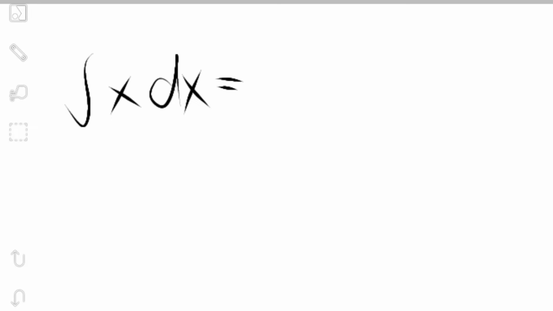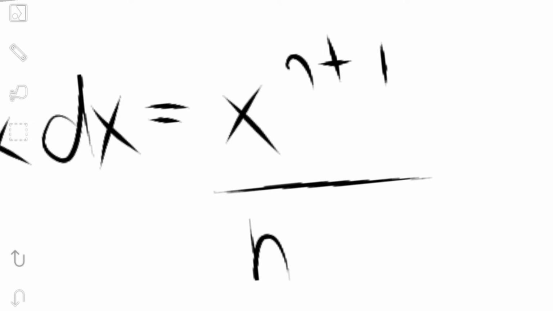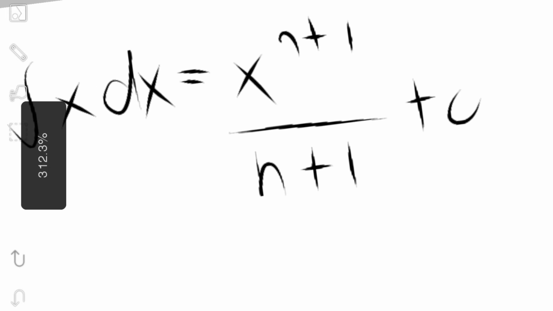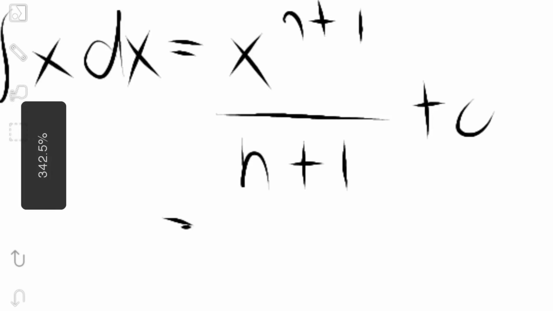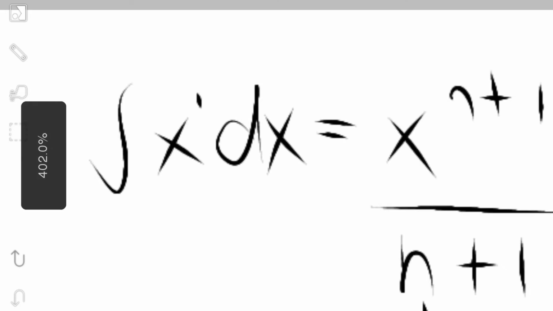Let's take a look at this example. So the antiderivative of x dx, so x raised to n plus 1 over n plus 1 plus c. Substitute the given number, x raised to 1, because it is understandable that x has an exponent of 1.